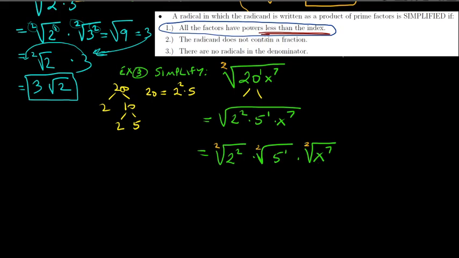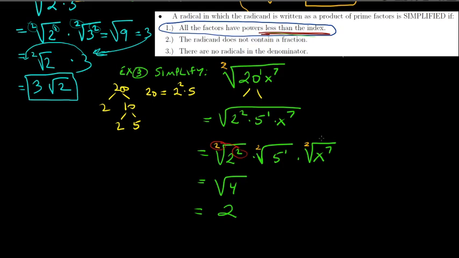And remember the power has to be less than the index. Is 2 less than 2? No. However, we know that 2 squared, 2 times 2, is 4, so this is just the square root of 4, which is 2. Remember, the other way to think of this is that when the exponent and the index are the same, they just cancel, and you just get this 2 right here as your answer.